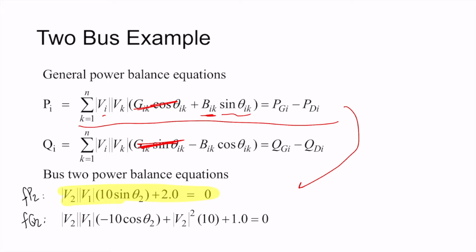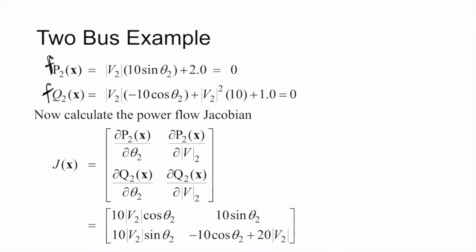Well, we have this equation and this equation. I can call the function related with P2 this left part, and the function related with Q2 this left part. Then I can start to build the Jacobian. I just copy and paste here again, and I can write the Jacobian. You can see here is the derivative with regard to this function of P2 and Q2.